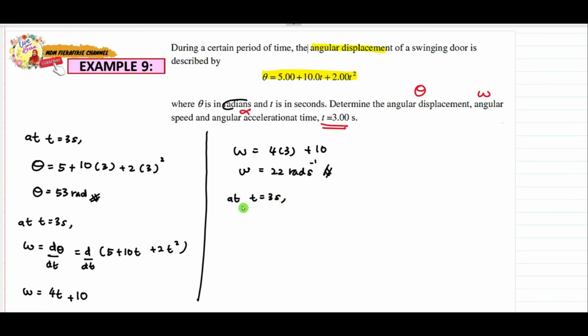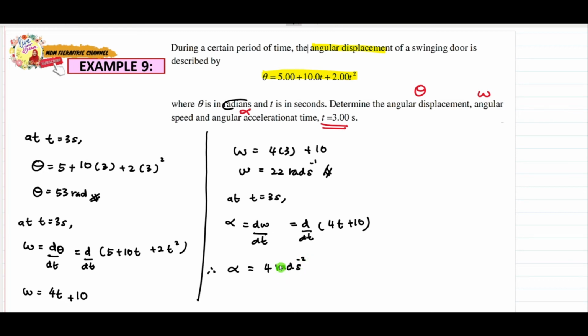Okay, so angular acceleration, we can differentiate equation of omega. Okay, so d/dt, so the equation of omega is 4t plus 10. Therefore, okay, alpha is equal to 4. Okay, itu saja, tak ada in terms of t.